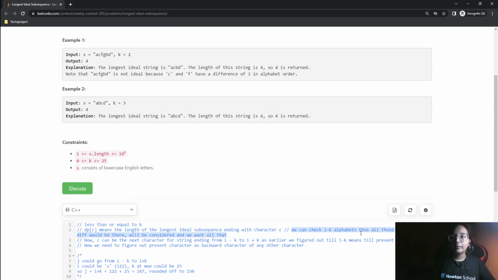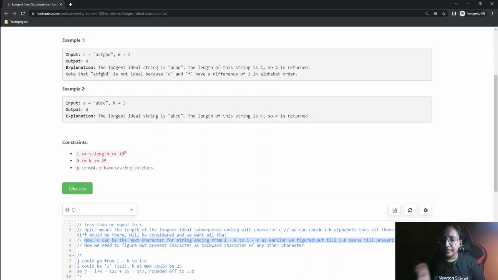That is the thing which we will be checking here. We can check I minus K alphabet, thus all those with C minus K difference would be there, will be considered, and we want all of that. So that is the thing which we are doing here. So now comes the part. Now C can be the next character for the string ending from I minus K to I plus K, as earlier we figured out till I minus K means till present character.